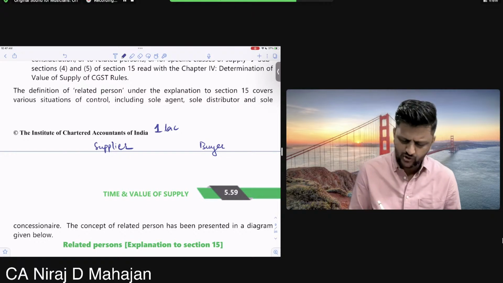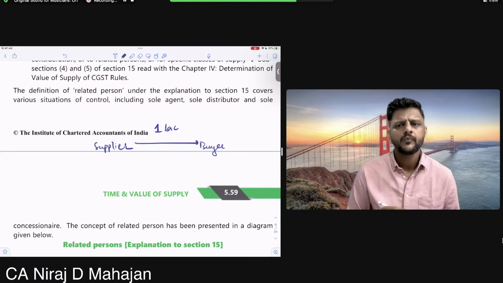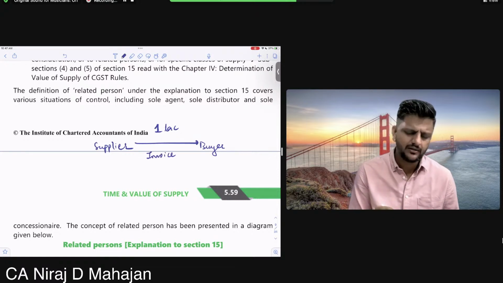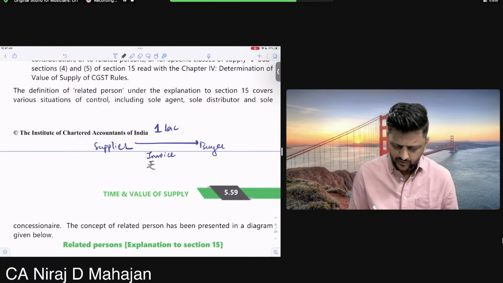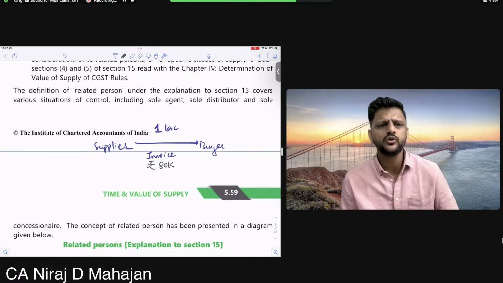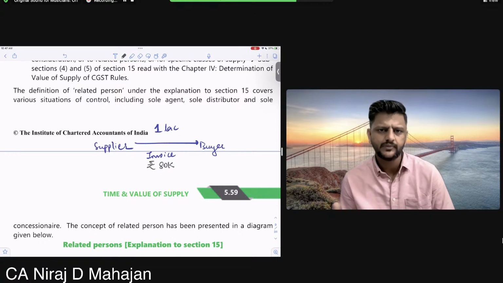Whatever supply is happening is of 1 lakh. Okay, everybody? But on the invoice, bacho, I can tell the buyer, let us do one thing. What? Let us make an invoice of 80,000 only. What advantage, bacho, do both of them have? The buyer has the advantage of not paying tax on the 20,000 extra.